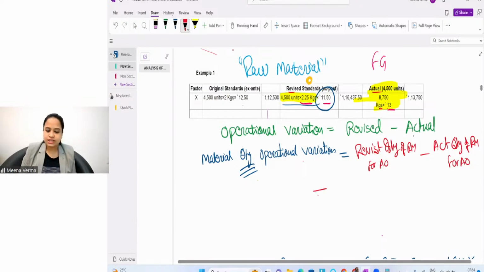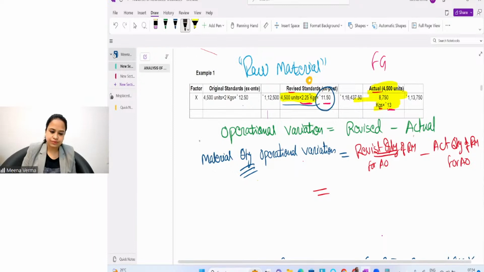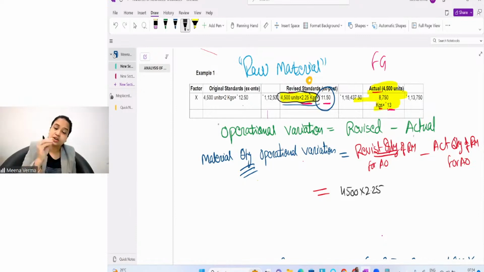Now, what is the revised quantity of raw material? You can see the revised quantity of raw material is this: 45 into 2.25. This is the revised quantity of raw material for the actual output, minus the actual quantity.